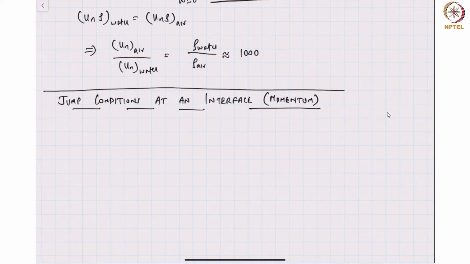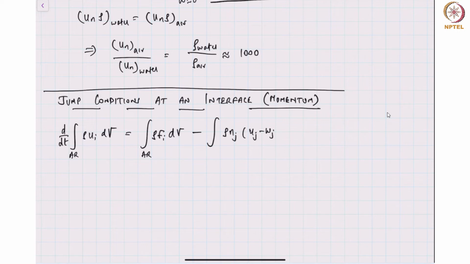Okay, let's write down the integral form of the momentum equation, sorry. This is something that was derived in the last lecture. So we have the body force, then we have the momentum flux at the boundary, and we have the stress term.